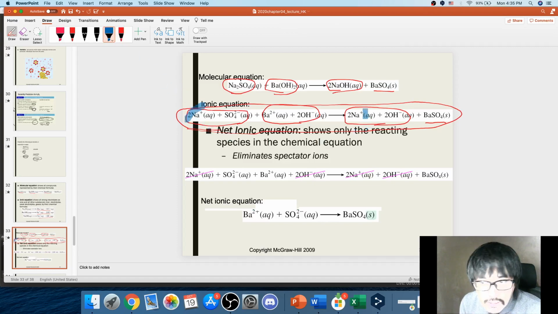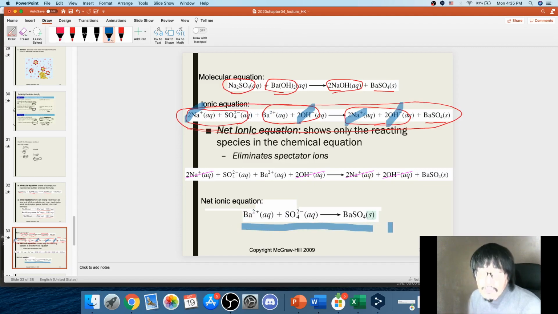You don't need that one, and you don't need that one either. That's pretty much it. Then if you combine the rest of those, you get these guys, and that's called the net ionic equation. I hope you see the similarities with the acid-base reactions, because the procedure is pretty much the same.